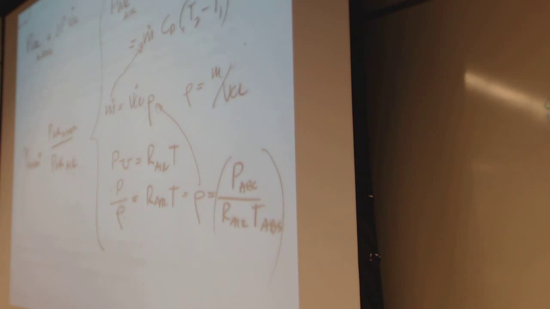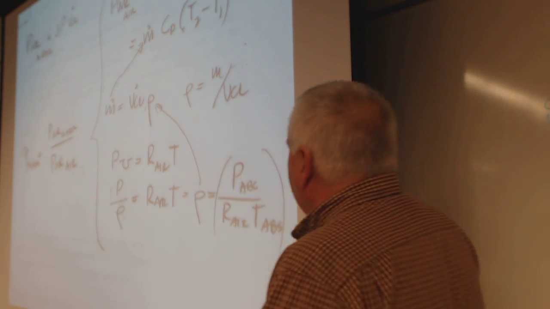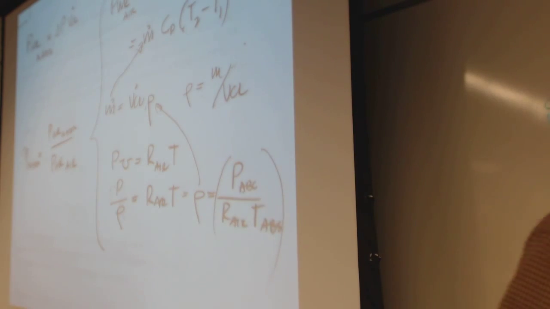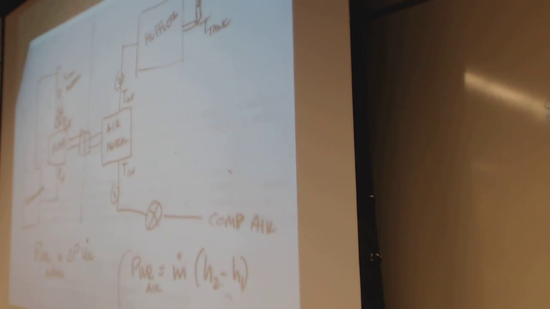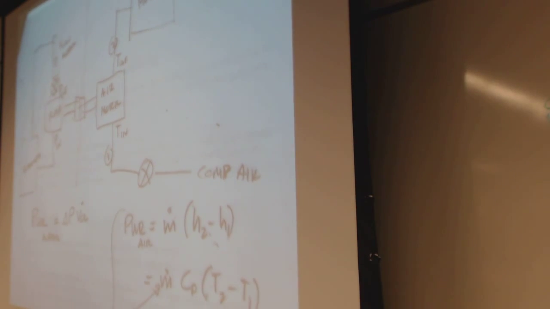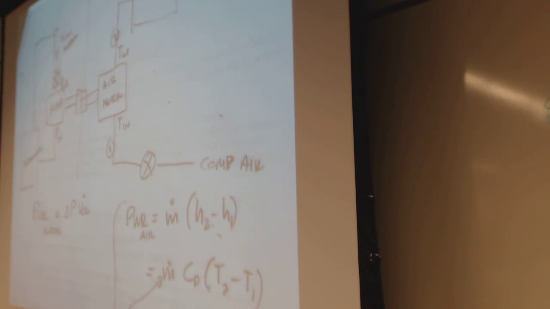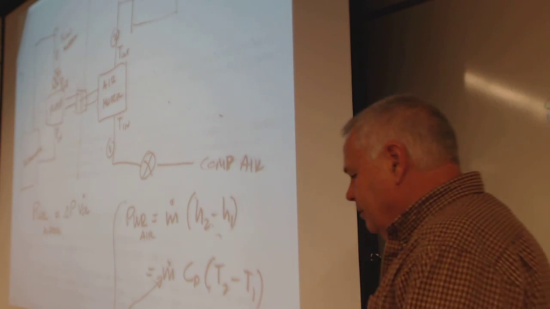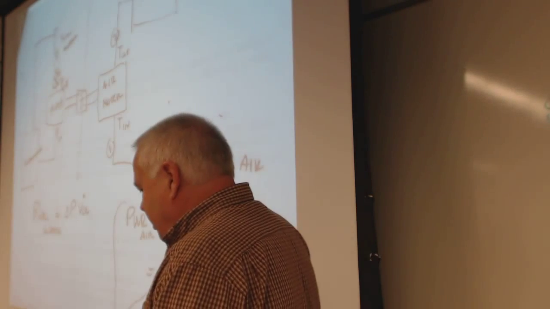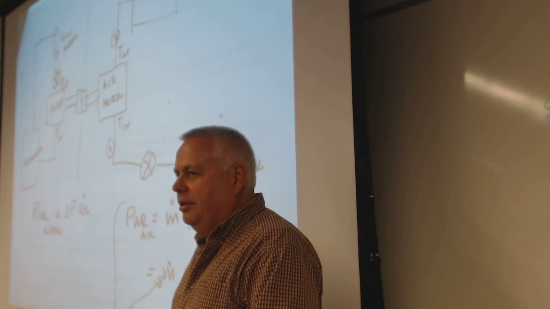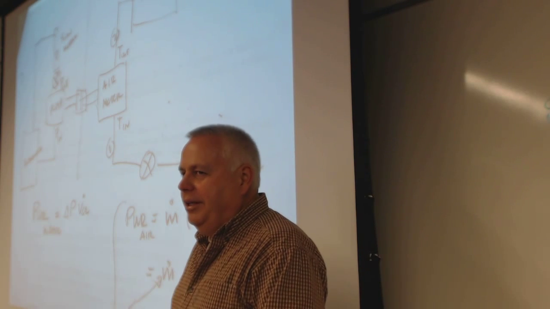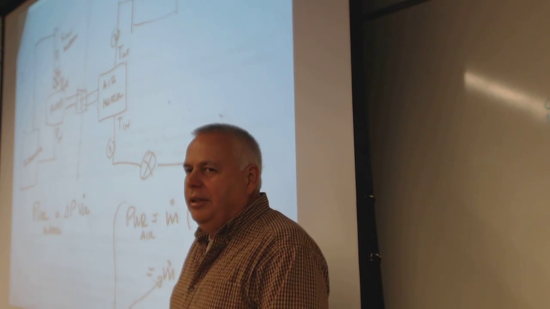So in your lab, it says lab 5 in the Canvas, but the thing says lab 6. At any rate, it's the lab about the air motor.